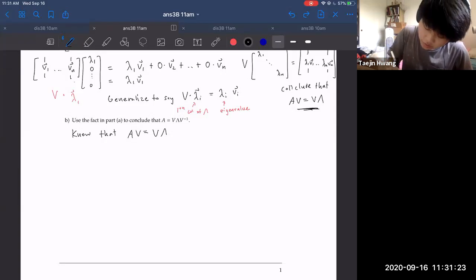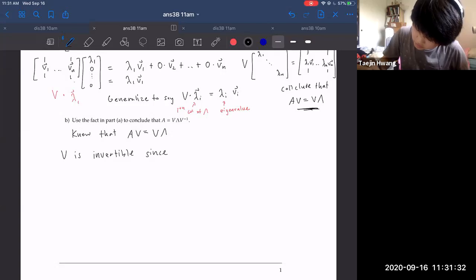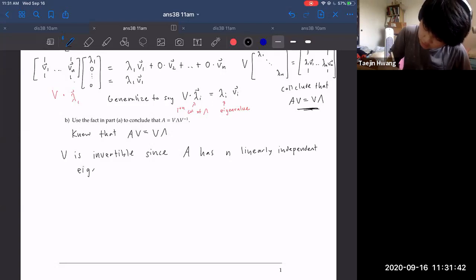V is invertible since A has n linearly independent eigenvectors.